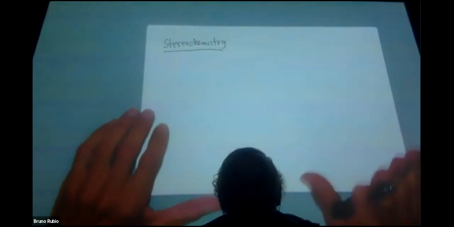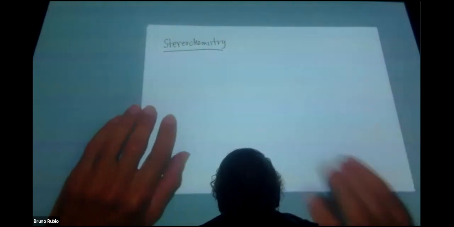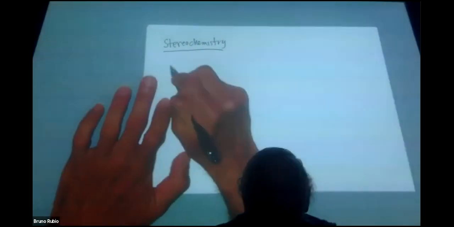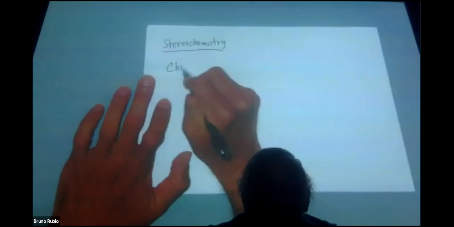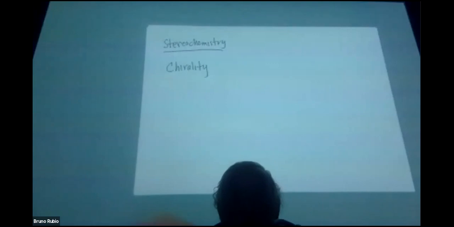And a very important concept that we deal with when we talk about stereochemistry is the concept of chirality. Okay, so first of all, let's get the pronunciation of this very important word correct. That CH at the beginning is a hard K sound: chirality.